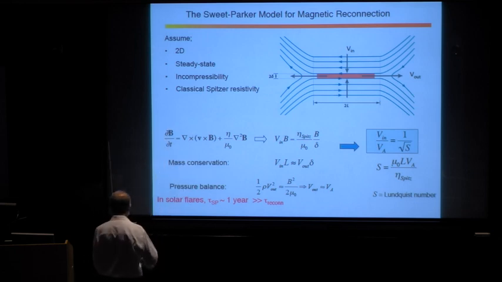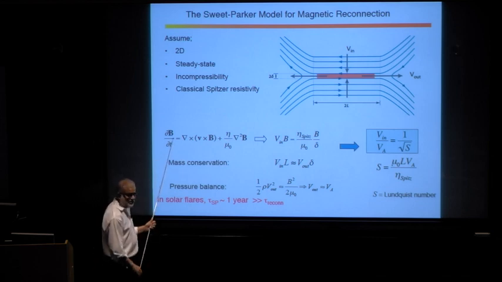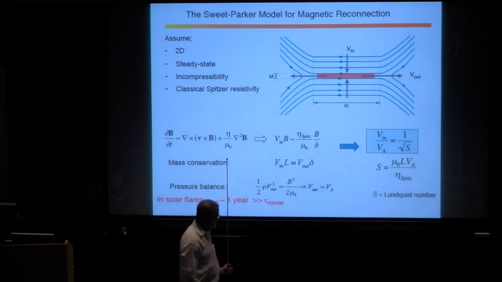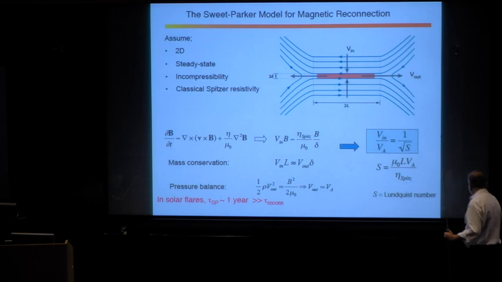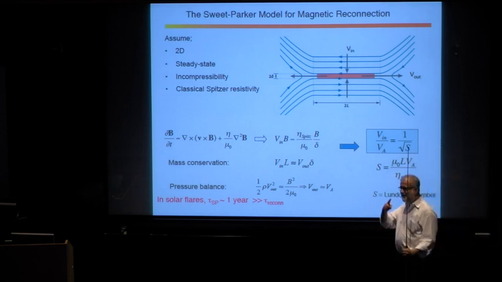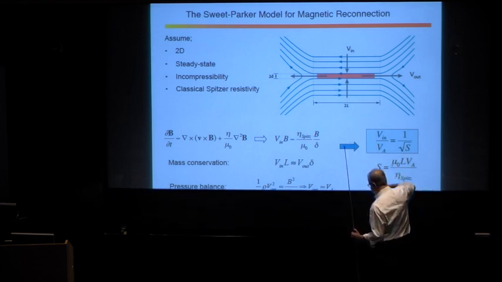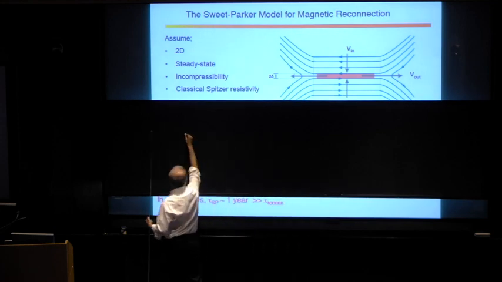I'm not going to write, should I write on the blackboard? Curl E is minus del B del T, right? Should I write? I'm changing my mind. Can I have access to the board? I think they've gone probably, right? Just raise it. I just want to write that basic equation for you.